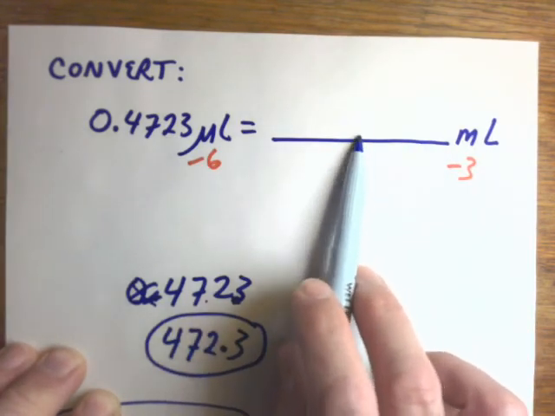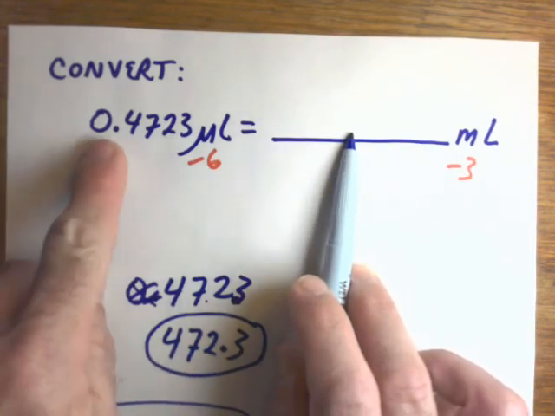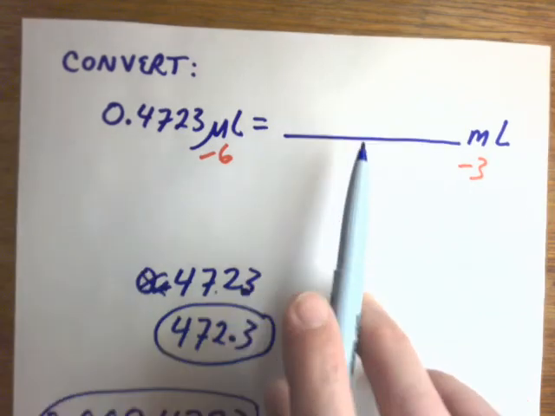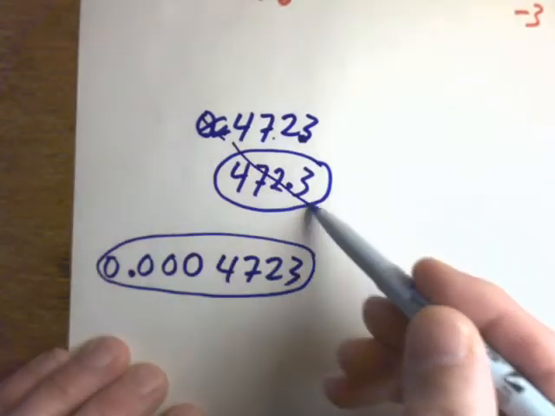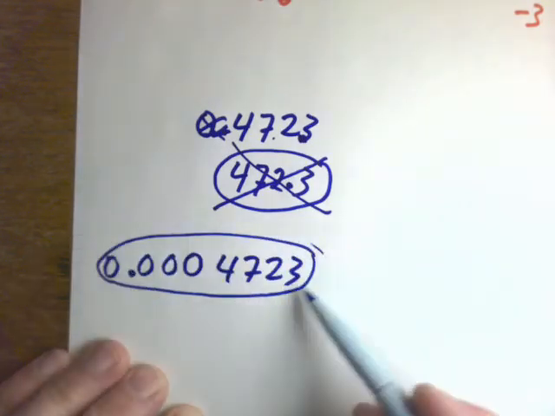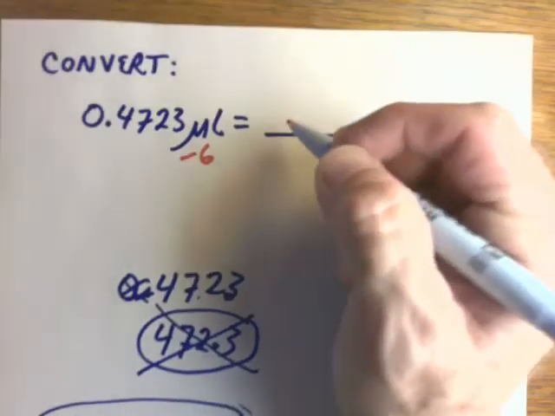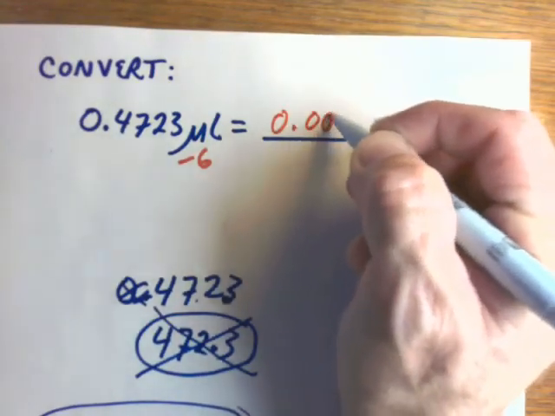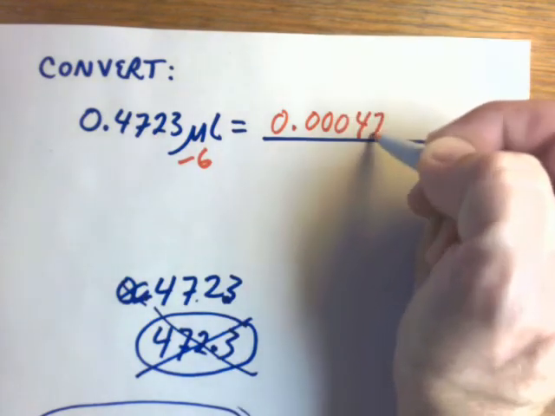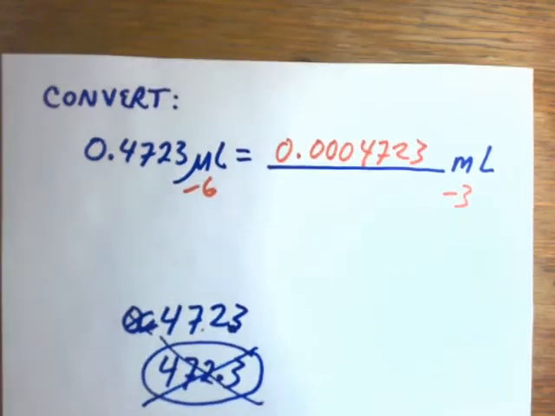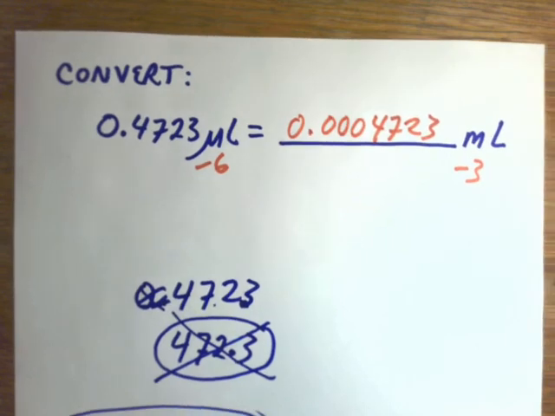Whatever lands there needs to be smaller than 0.4723. Well, clearly that's not going to fit the bill, but this will. So all I have to do is transcribe this into the line, and I've got the right answer. 0.004723 is the answer to that problem.